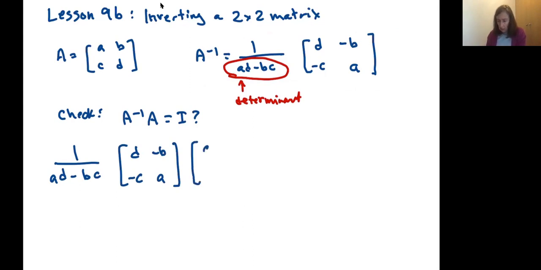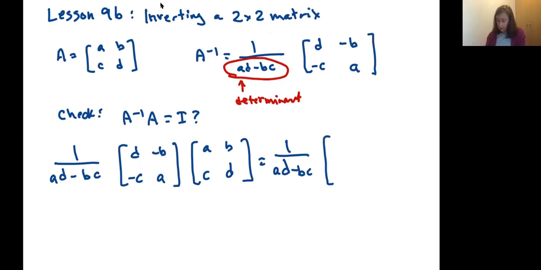It's my A, B, C, D. Okay, so keeping that 1 over the determinant out on its own for a minute, it's 1 over AD minus BC. And now let's do the matrix multiplication here. They're both 2 by 2, so they're conformable.